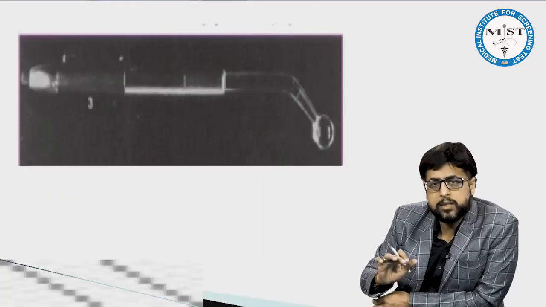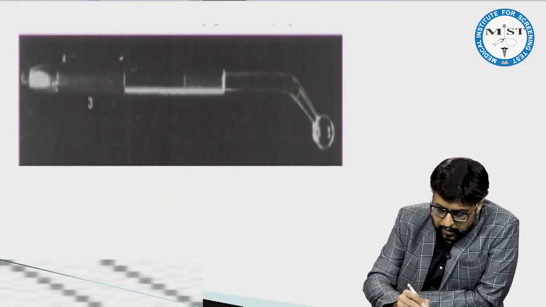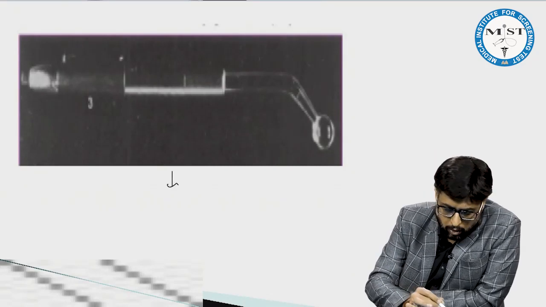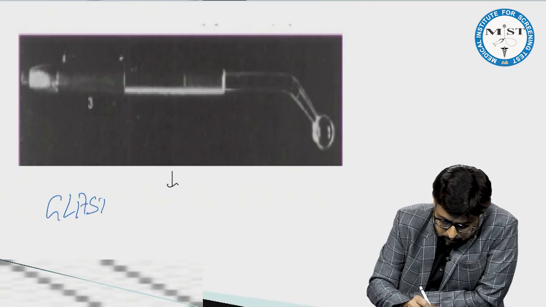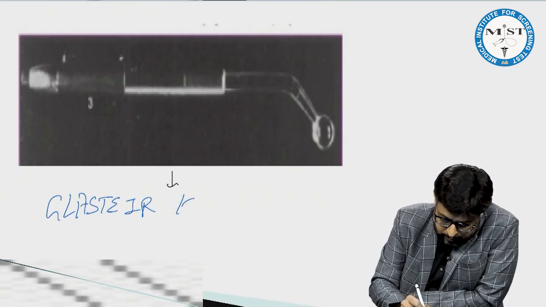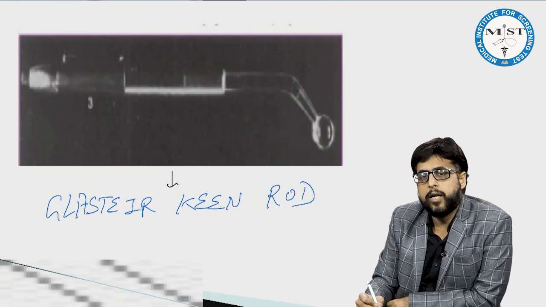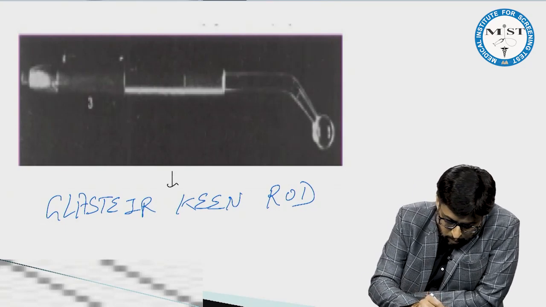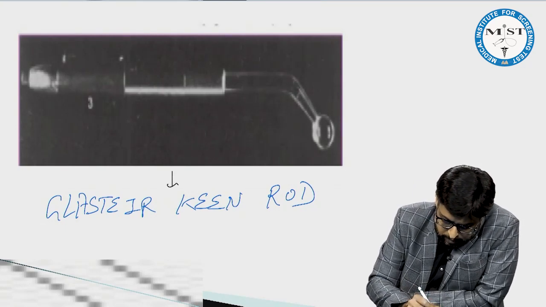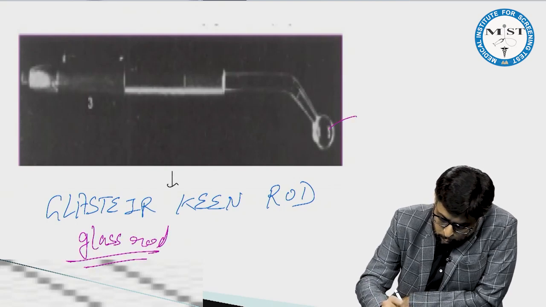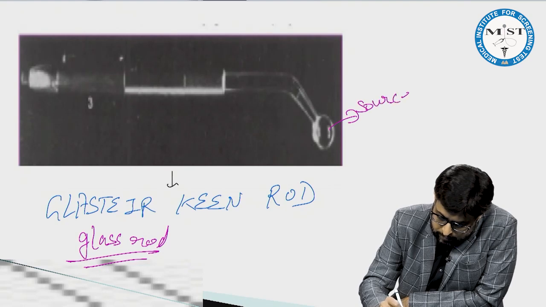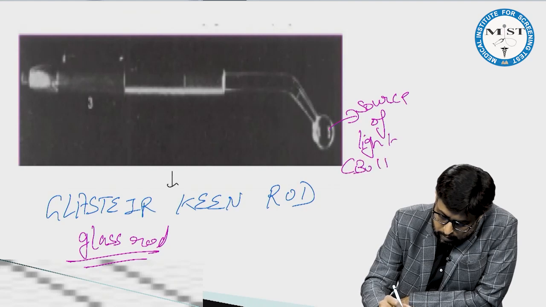Now, what is this rod? This is a glass rod, this is a special rod. What is the name of this rod? This is the Glaister Keen rod. It is a glass rod having a source of light here, like a bulb.